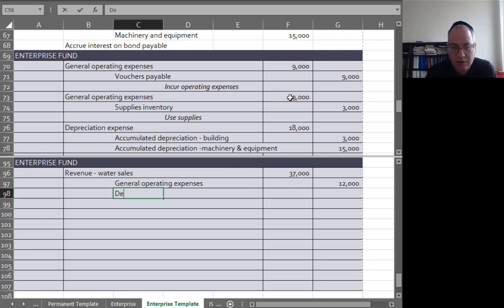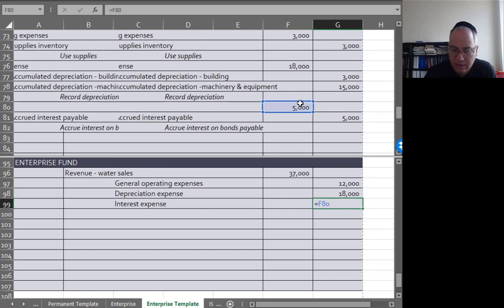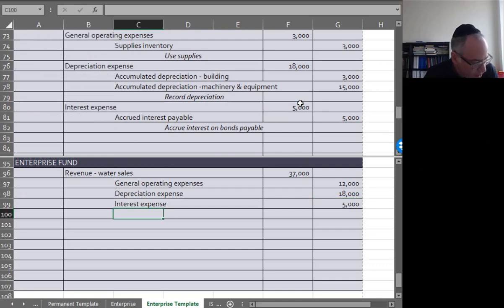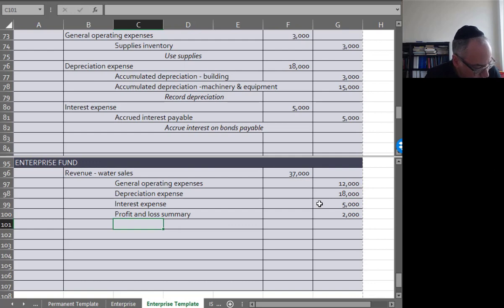And then I had depreciation expense of $18,000. And then I had interest expense of, let's see, 5,000. And the difference between these, believe it or not, is going to go to an account called profit and loss summary. So that'd be 37 minus 12 minus 18 minus 5 is $2,000.